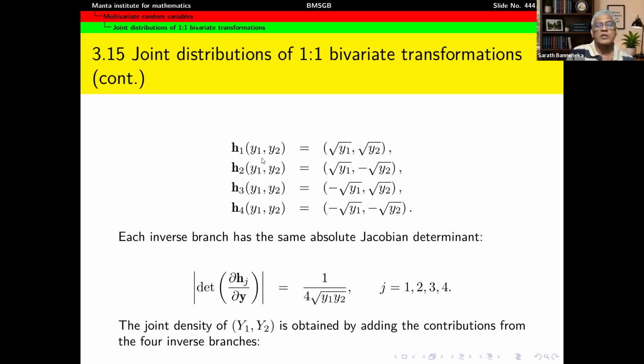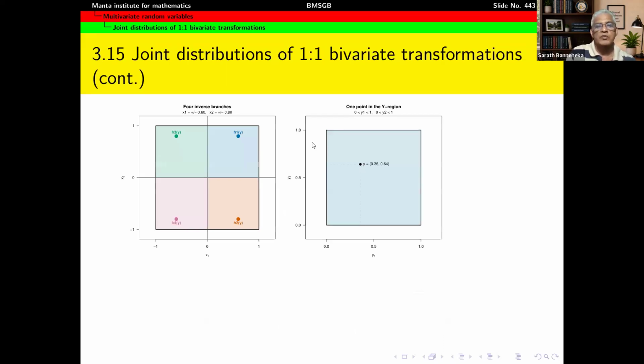If you take any point y1, y2, like the one that we considered, then one transformation can be going from y1, y2 to root y1, root y2. So that will be from here to here, where both values are positive.